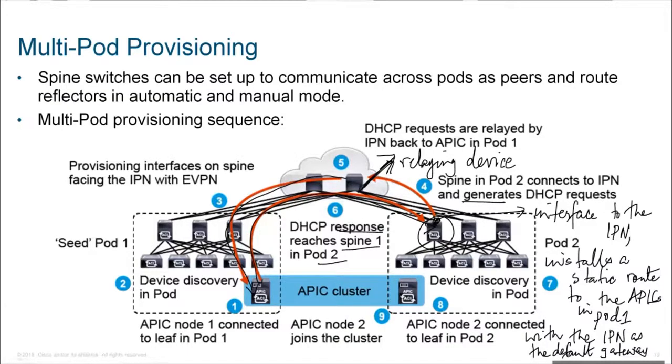So my spine is going to go ahead and add a static route to the APICs. Why does it want a static route? After it knows, it's going to go ahead and talk to the APIC and download its configuration. That's why.